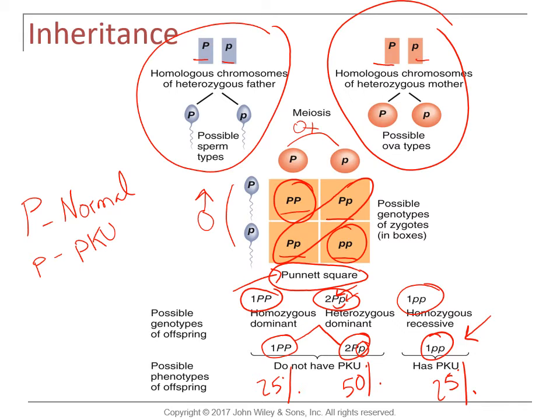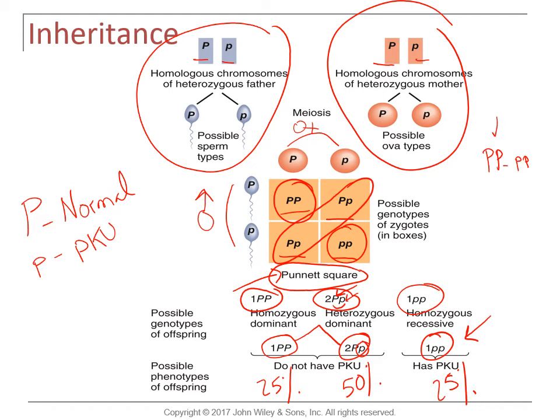By tradition, the symbols for genes are written in italics, with dominant alleles in capital letters and recessive alleles in lowercase letters. A person with the same alleles on homologous chromosomes, for example big P big P or little p little p, is homozygous dominant or homozygous recessive.